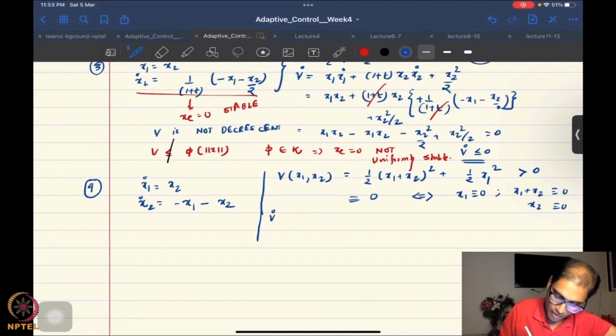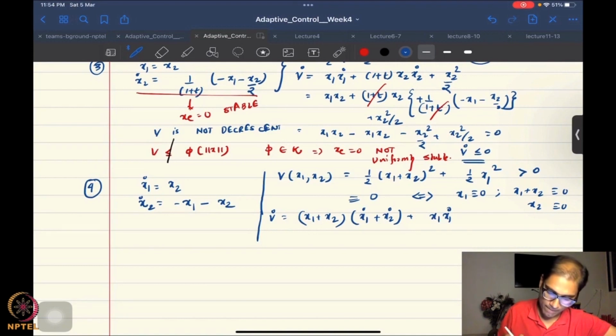If I compute V dot, I will get x1 plus x2 times x1 dot plus x2 dot, plus x1 x1 dot. Let me see if this works.